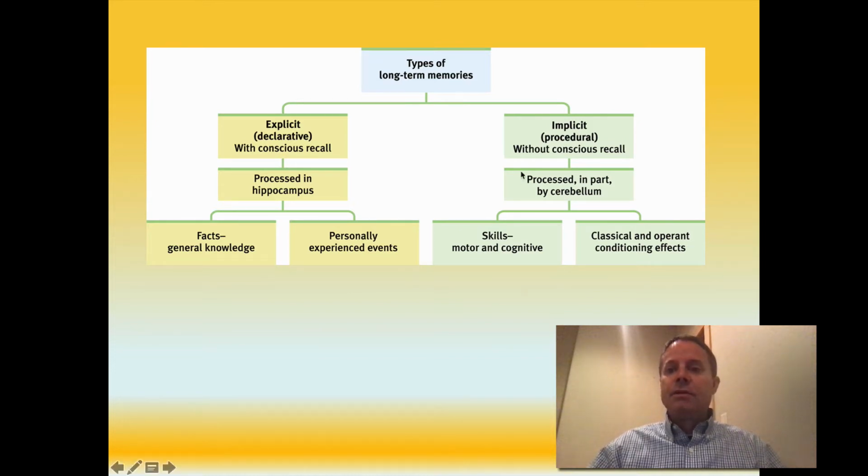All of that info. Implicit, sometimes it's without even your awareness, without conscious recall. Skills, motor skills like how to hold a pencil or how to ride a bike, and cognitive skills like counting to 10. And then there's classical and operant conditioning effects. All of that is also implicit memories.